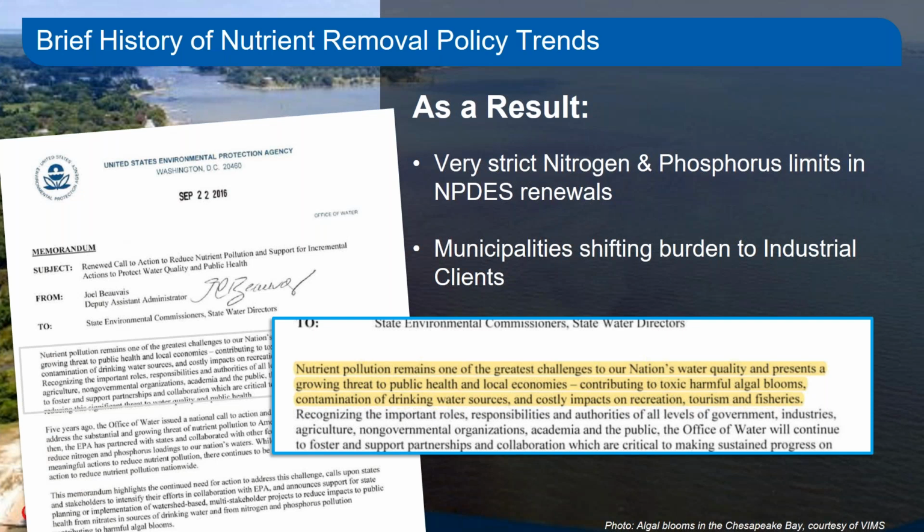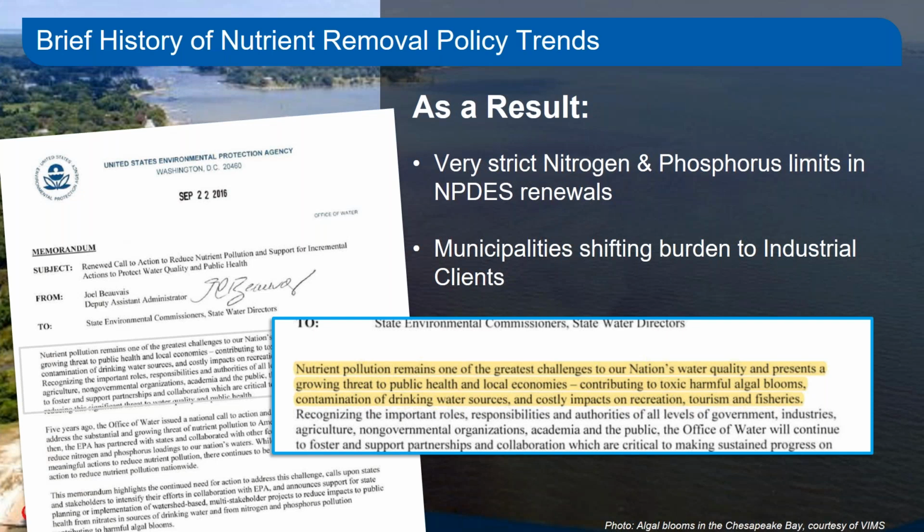And especially in the northeastern part of the United States and in some northern states, we're seeing very, very strict nitrogen and phosphorus discharge limits. So if before we used to see 10 to 15 to 25, right now we started seeing municipal discharges with total phosphorus, with ortho-P requirements of less than 0.05 or even lower, and that's very, very tight.